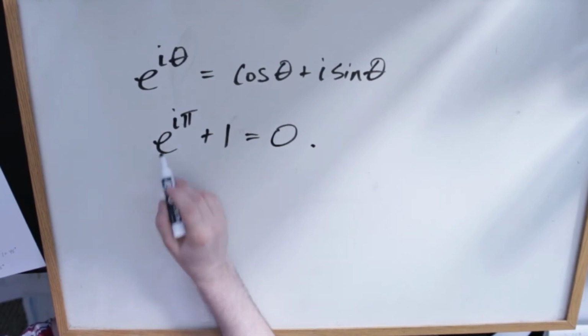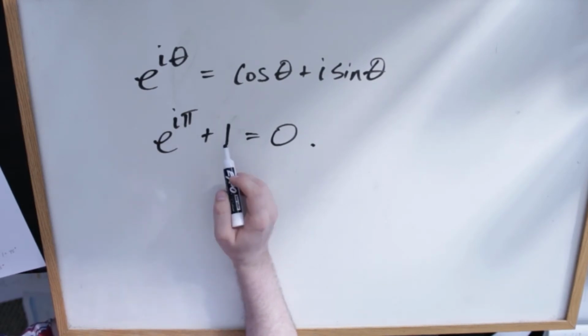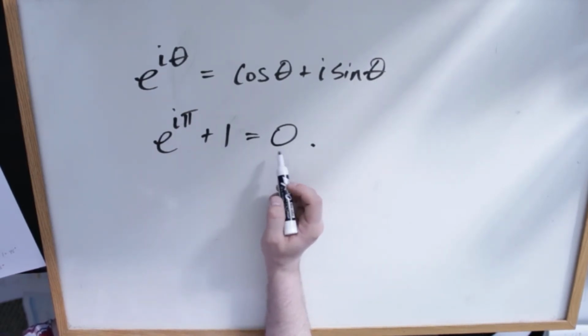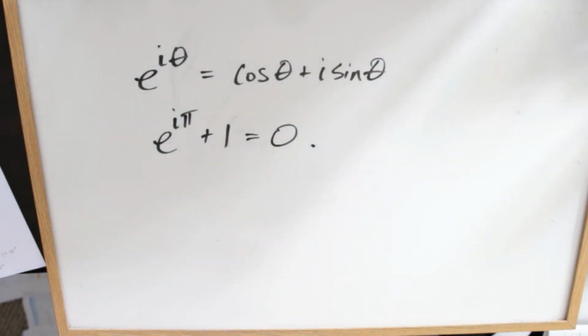You have e, which is an irrational number. You have i, which is an imaginary number. You have pi, which is another irrational number. Then you have 1, and you also have 0. These are some of the most important numbers in all of math, and they're all in one equation.